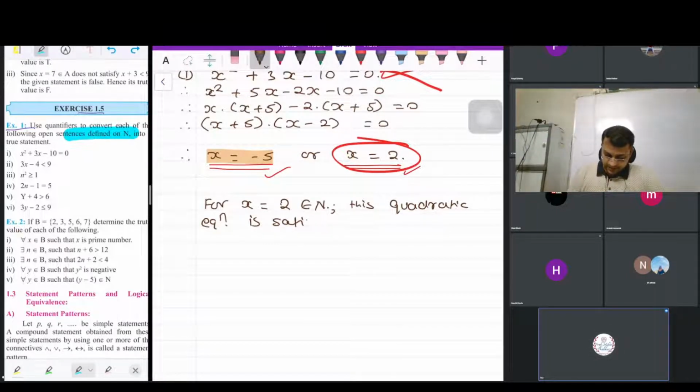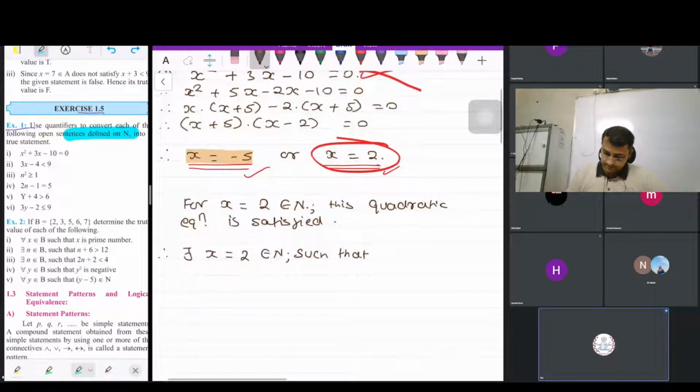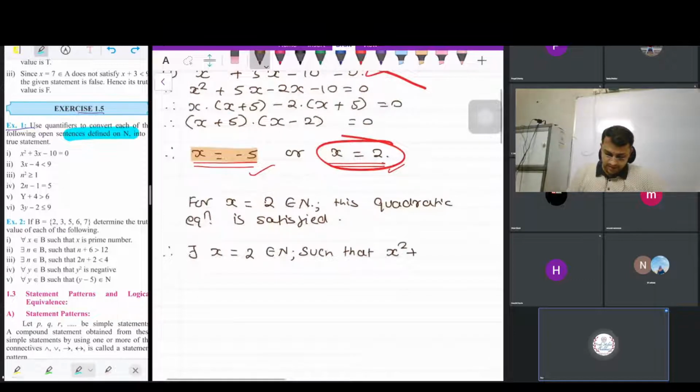Therefore, there exists x equal to 2 belonging to N such that x square plus 3x minus 10 is equal to 0 has a truth value of T.